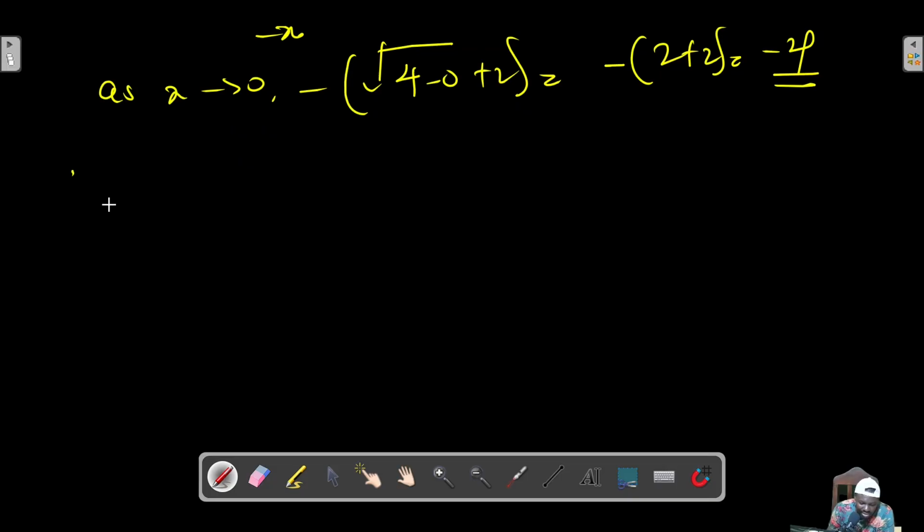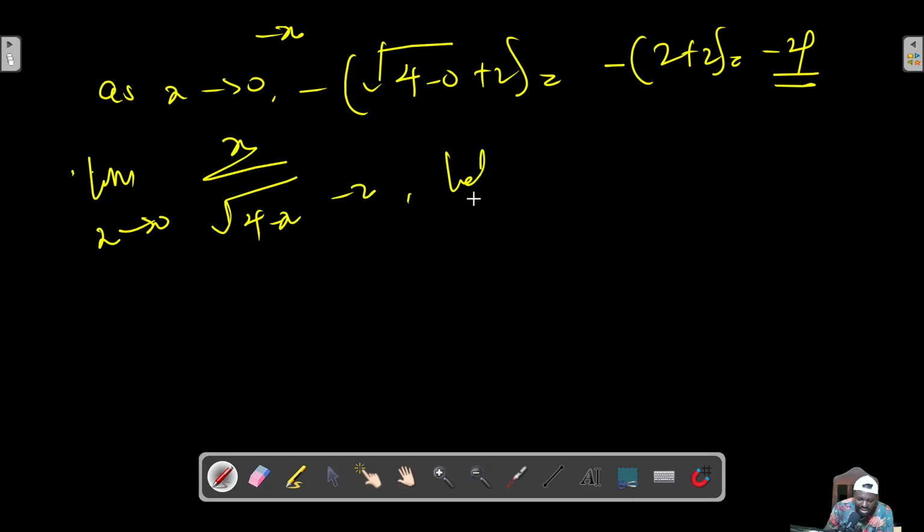You can substitute, say, for the limit as x approaching 0 of x divided by root of 4 minus x minus 2, let t squared be equal to 4 minus x. So in place of 4 minus x, you substitute t squared to cancel out the square root. Then you proceed.